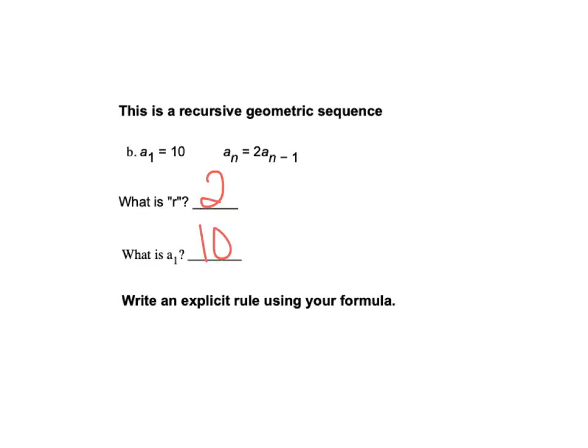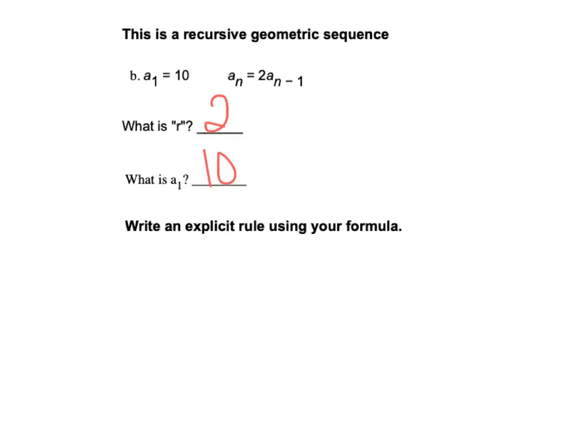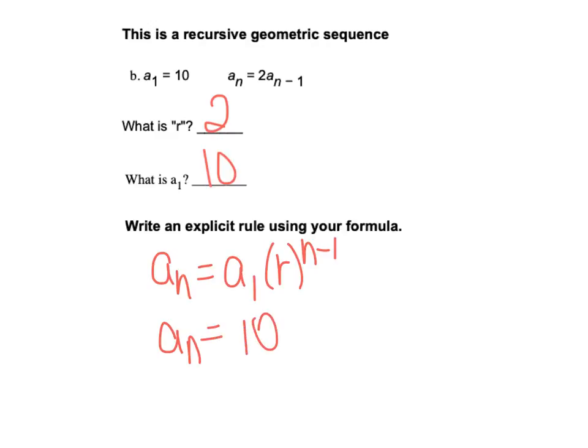To write an explicit rule, since it's given as recursive, we just need to write the explicit rule. Remember, it's a sub n equals a sub 1 times r to the n minus 1. So I know my first term is 10, times r to the n minus 1.